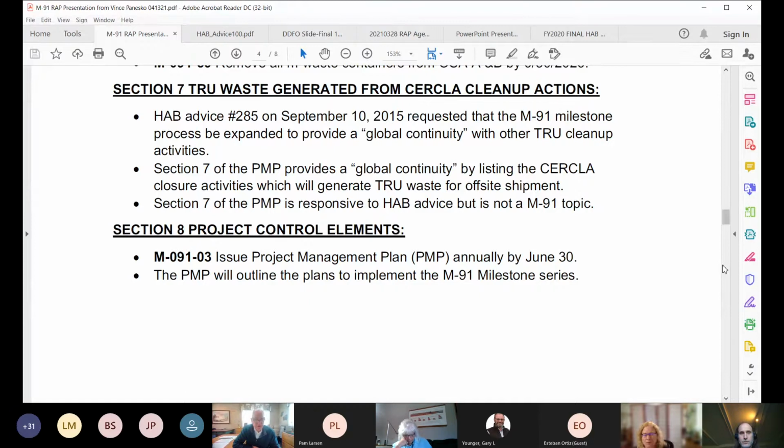And Section 7 of the PMP gets into discussing that by listing all the other closure activities that are, let's see, well, okay, I don't see that right now.